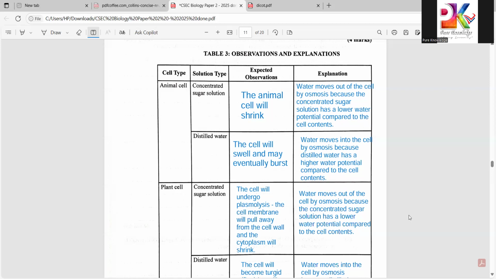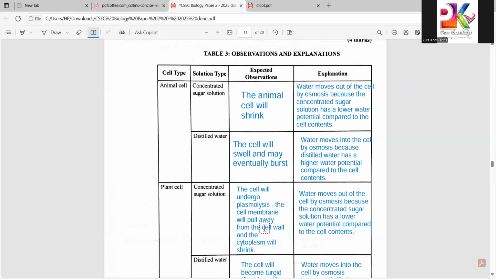Because remember, the cell wall will still keep the plant cell in shape, but the membrane will pull away from the cell wall because the water will be moving from inside the cell to outside the cell. It's the same thing. Water is moving from a place of high concentration inside the cell to a place of low concentration outside the cell, right? To balance it, sorry.